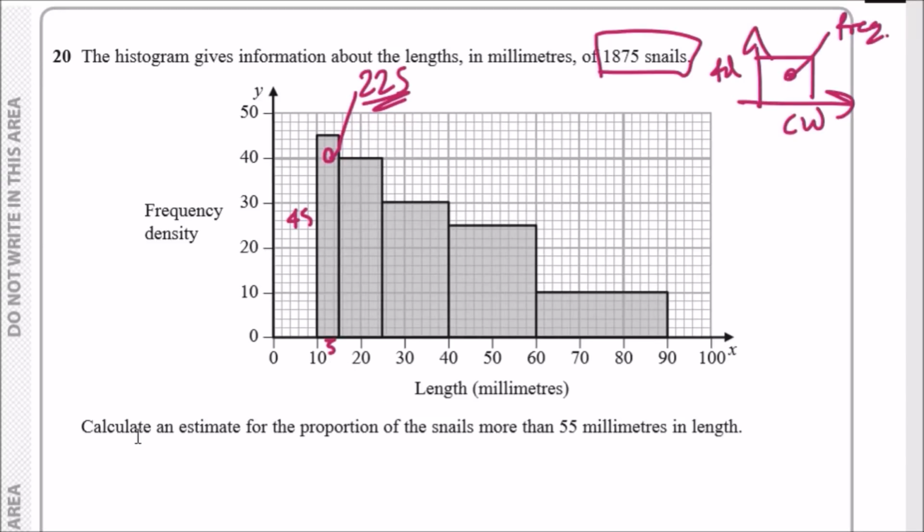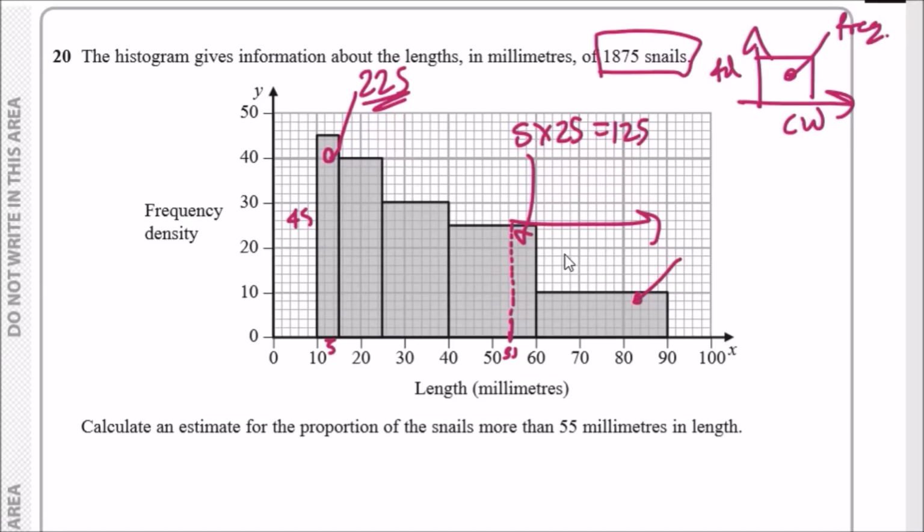Now the question here tells us to calculate an estimate for the proportion of the snails more than 55. More than 55 implies we're looking at the 55 mark, and the area that accumulates from here all the way to the right. Now this is easy because this is just a small rectangle of length 5 and height 25. So this rectangle is 5 times 25, which is 125.